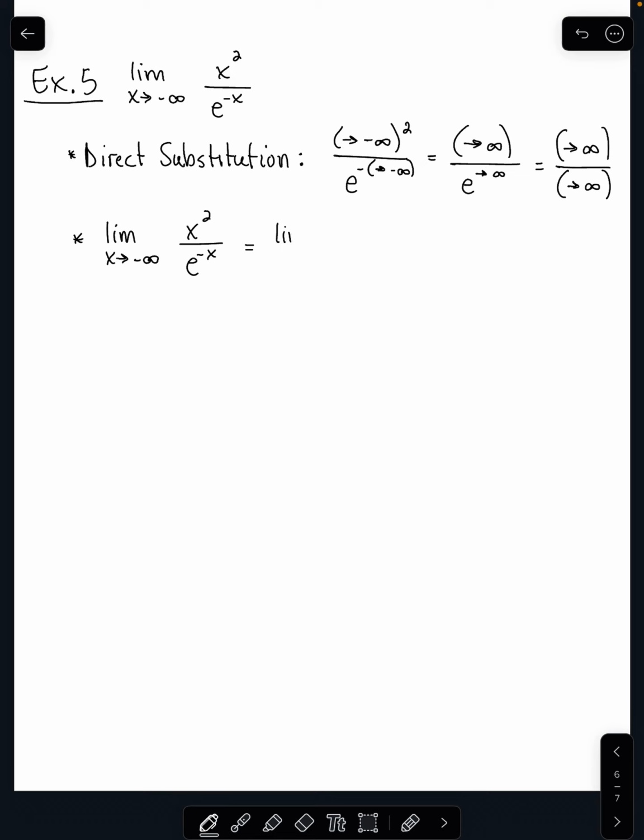So the original limit is equal to the limit as x approaches negative infinity of the derivative of the numerator x squared over the derivative of the denominator e to the negative x.